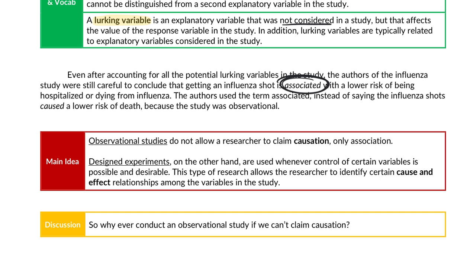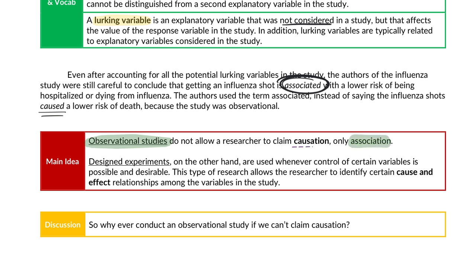The authors used the term associated instead of saying the influenza shots caused a lower risk of death, because the study was only observational. So when we're looking at these observational studies, which is what this was, we just looked at the seniors, let them live their lives how they wanted to, and just took note of what happened. That's an observational study. They do not allow a researcher to claim causation, only an association.